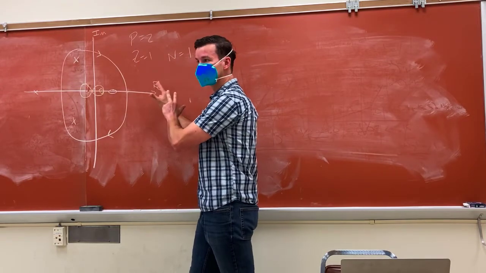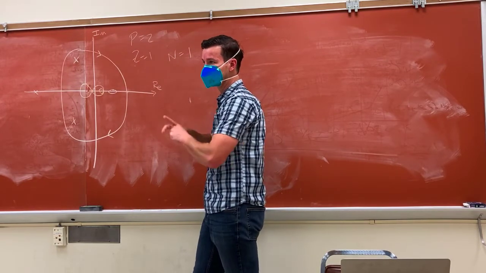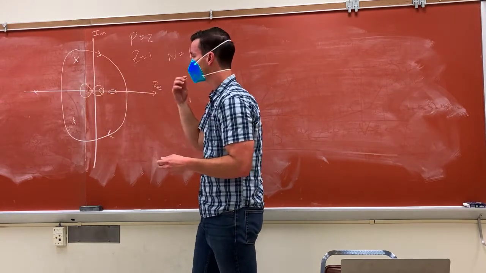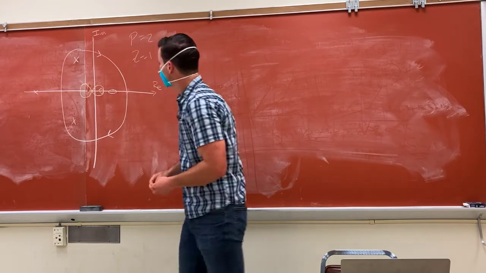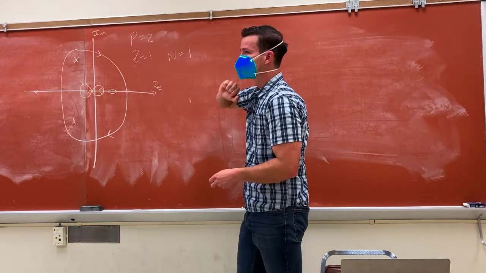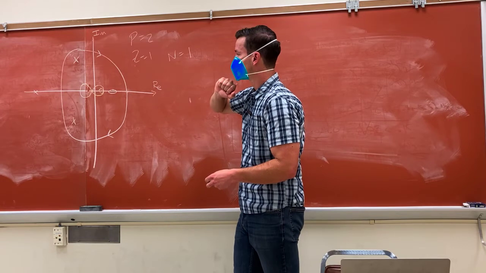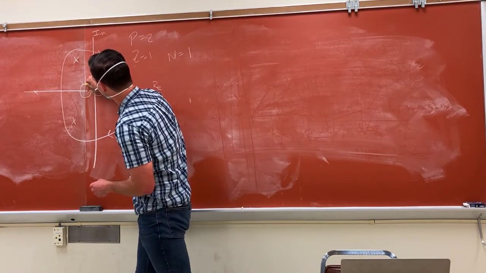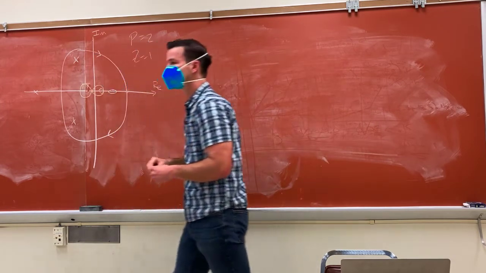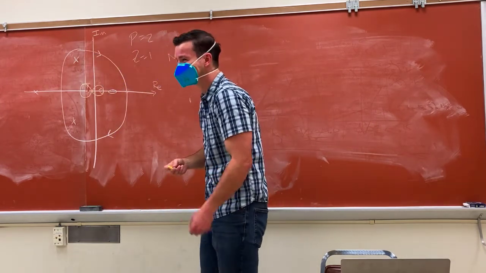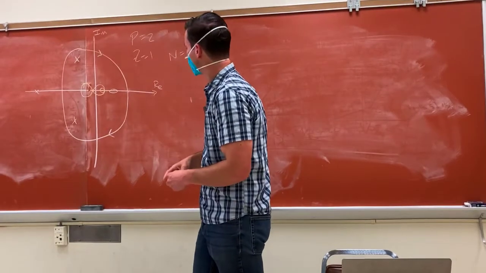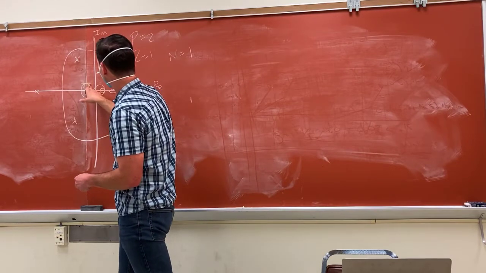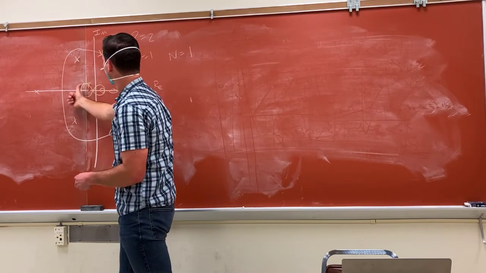This is squashed onto one set of axes, where white is domain contour and yellow is range contour. So tell me, based on this algebra, what direction should I draw this arrow? Should it be that way, or should it be that way? This says one counterclockwise, and so I think we're facing this one.